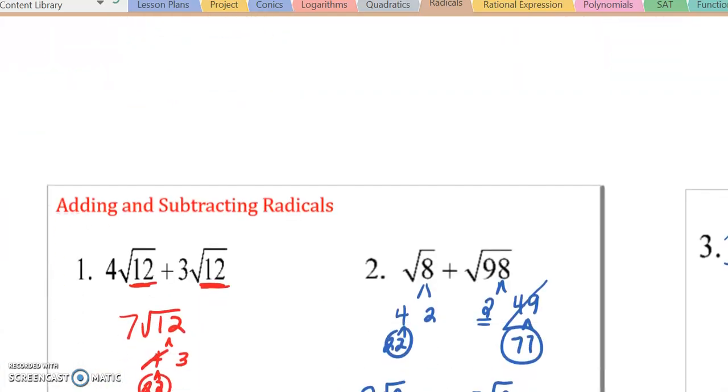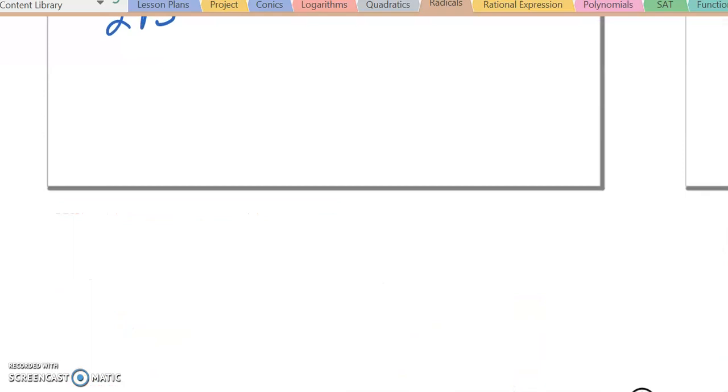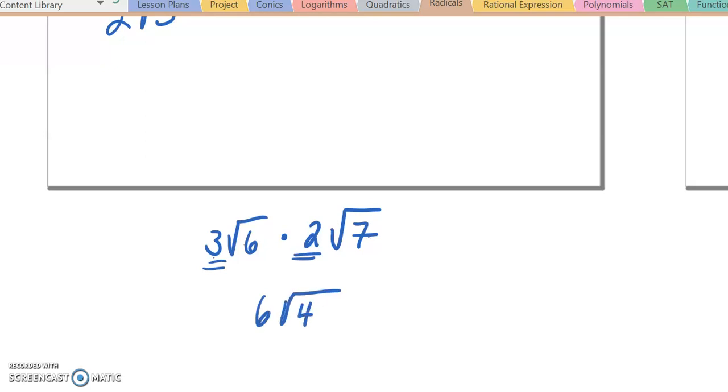So for example, if I have 3 root 6 times 2 root 7, I can then multiply anything on the outside, so 3 times 2 is 6, but anything on the inside becomes 42. And then all you have to do is make sure it breaks down. Now this actually doesn't break down, so it would stay.